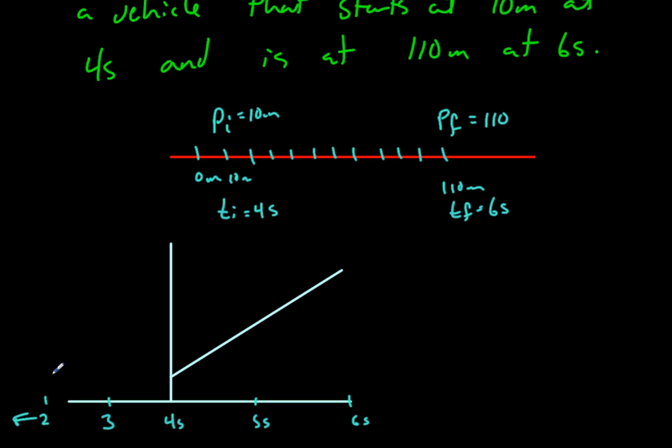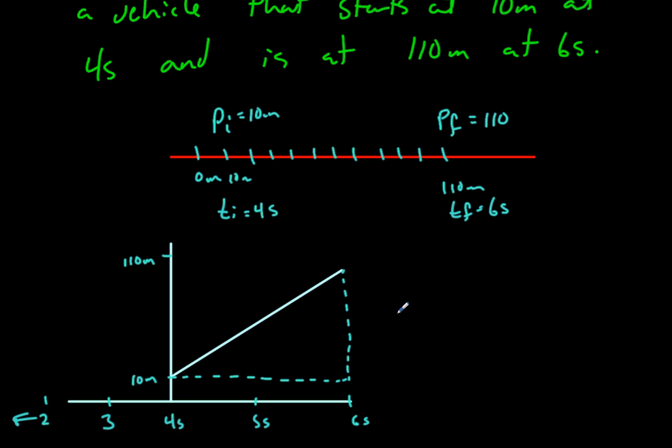So in other words, probably what's going on is we started our timer before any motion happened, or something's going on where our timing and our motion are not starting at 0, okay? And that's okay. That's not a problem. We can still deal with that. So let's just review here. Okay, so this is at 10 meters. Here's 110 meters. And let's use this little formula to solve for the velocity of this object.